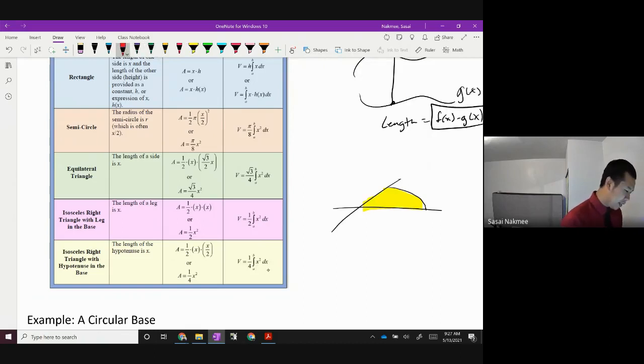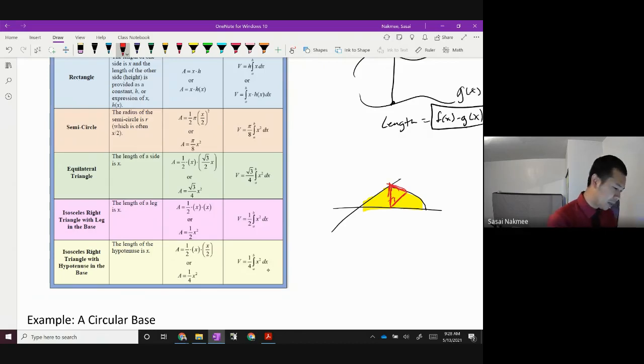If I have an isosceles right triangle with the leg as a base, like so, an isosceles right triangle means that the 2 legs are perpendicular to each other. So it looks something like this. Sorry about this. Can you guys see that okay?